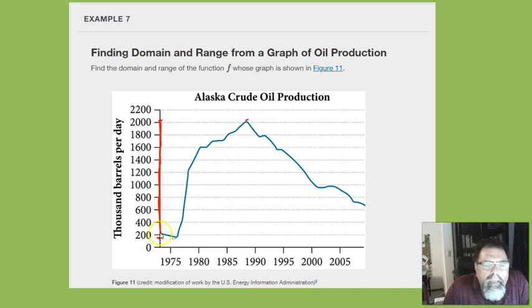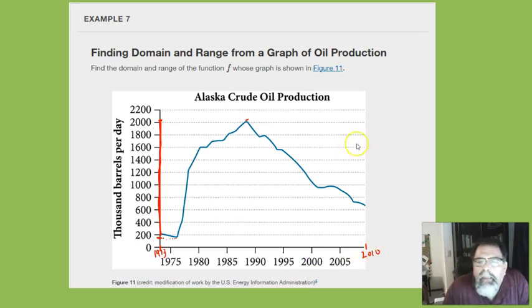And then for the domain, we're starting here at whatever the starting year is. So it's not 0, it's like 1973. And then it's going all the way to the end, that's about 2010. If you measure this distance, it looks about 2010.